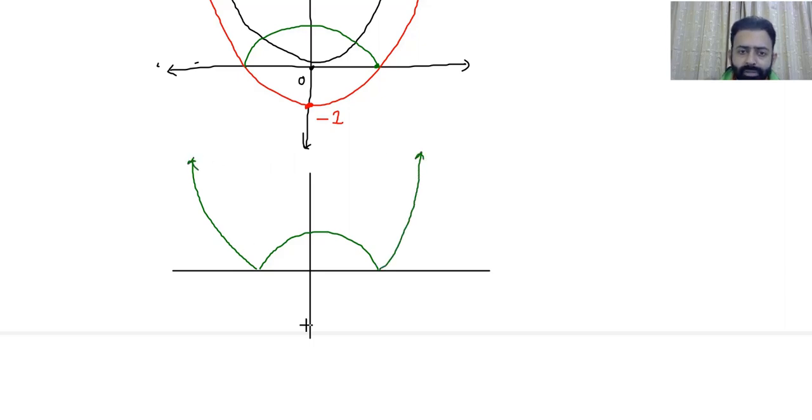This negative portion becomes positive, and this was minus 1, so it will become plus 1. This is mod of x square minus 1.